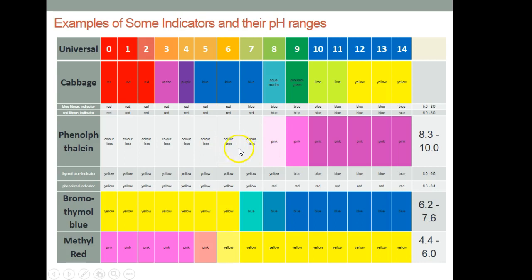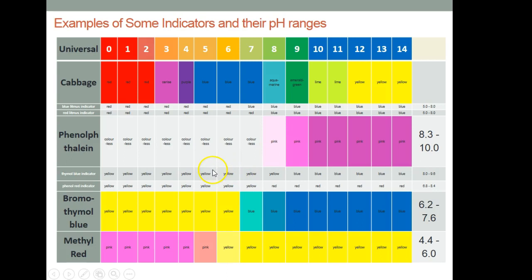So like between 6 and 8, and a little over, about 9ish, it gets a deeper pink, all right? So you have a wider range. It's more in the basic area where you're seeing the color change, okay?